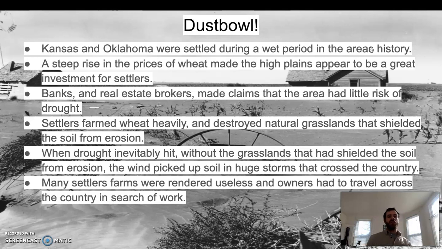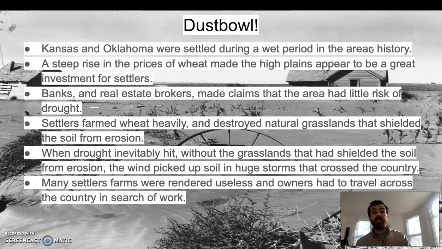Now, Kansas and Oklahoma were settled during a relatively wet period in that region's history. That region is called the High Plains. Also, the increase in American output of goods, especially foodstuffs like wheat, made the High Plains appear to be a really great investment for settlers.